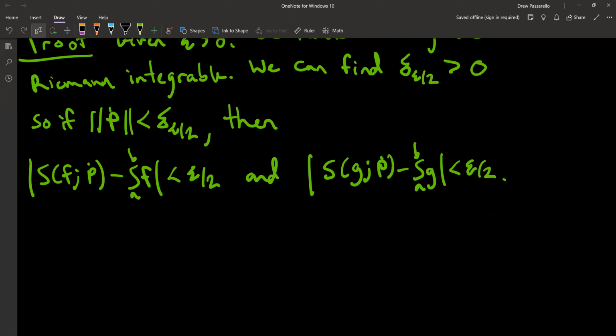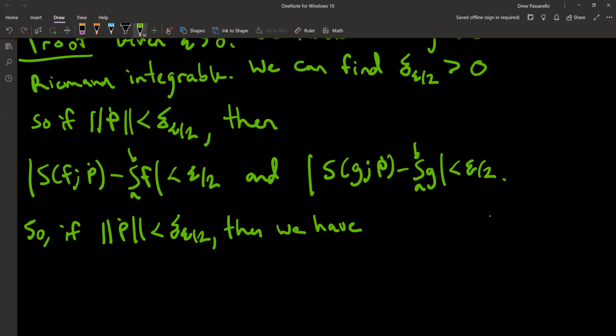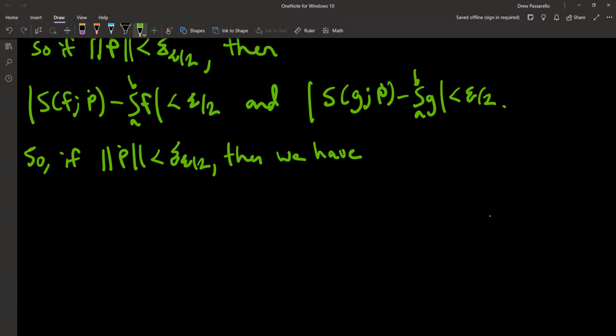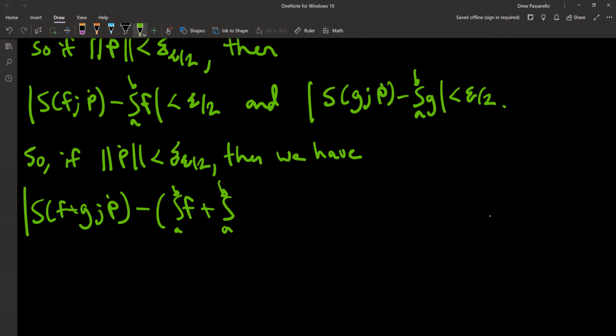So then if the norm is less than this delta, then we have the absolute value of S of f plus g, so that's the Riemann sum of f plus g with partition P, minus the integral from a to b of f plus the integral from a to b of g.